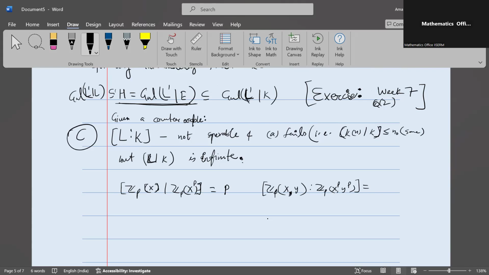Whenever you have f(x, y) lying here, let me write capital X, capital Y. If you take this polynomial, what happens to this? This becomes f(x^p, y^p), right?